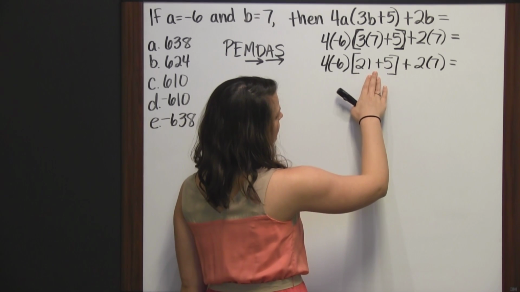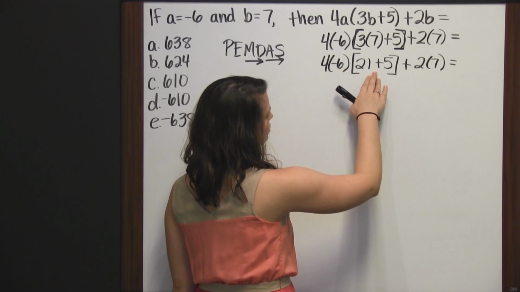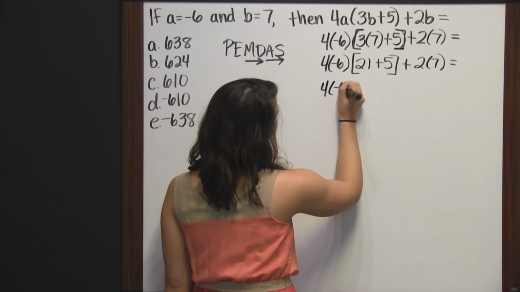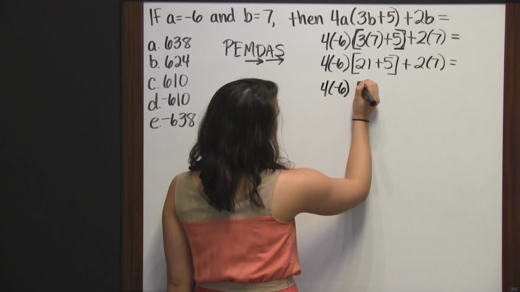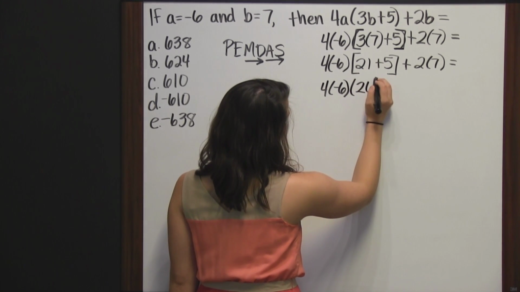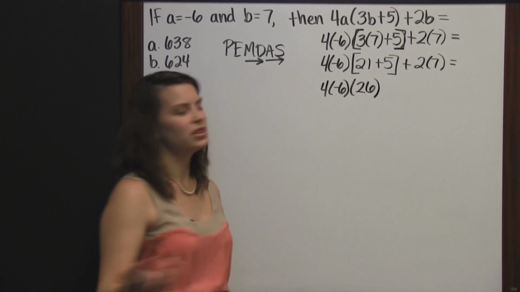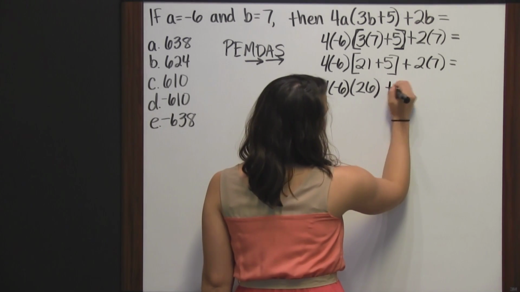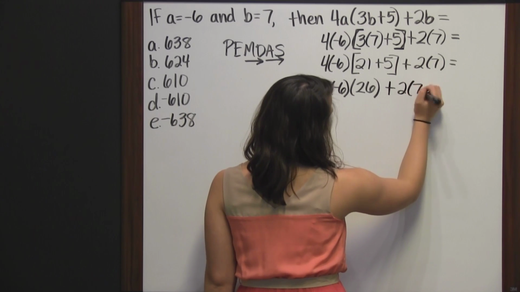So that means the next thing I'm going to do is simplify 21 plus 5. So I have 4 times negative 6 times the quantity 26. And I can now just use parentheses again because I'm just multiplying times another number, plus 2 times 7.